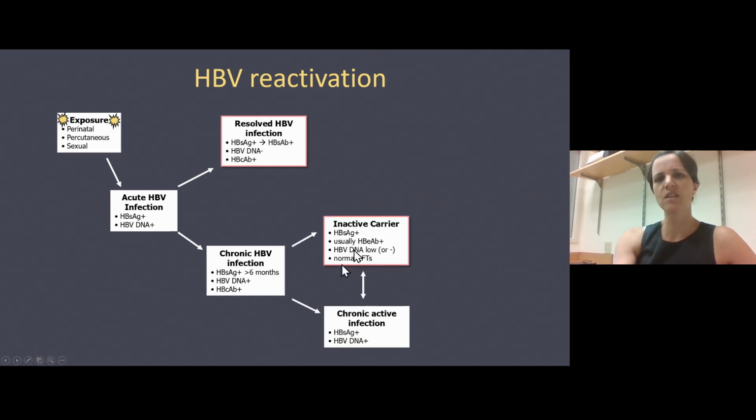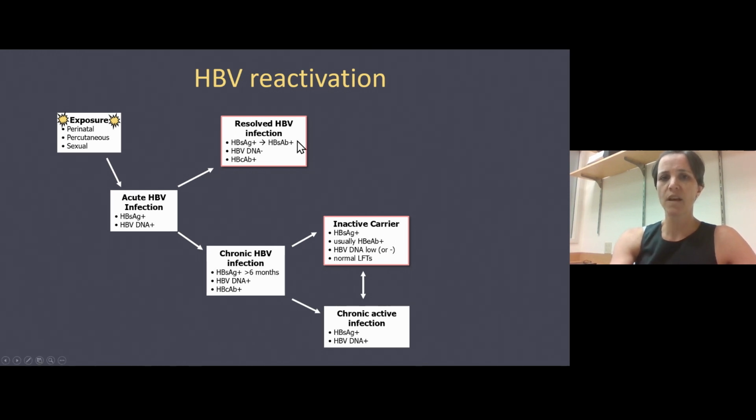Within chronic infection, there are a few different disease states you can be in. Chronic active infection, where your DNA is high and your LFTs can be high or low, or you can be what's called an inactive carrier. These people make this E antibody to one of the hepatitis B antigens, and in that sense, they will get some control over their hepatitis B DNA. So they'll have a low DNA, and usually they have normal LFTs. So these people fly under the radar sometimes.